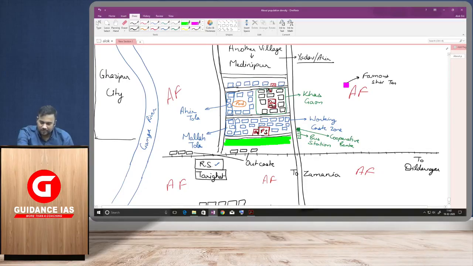Shiv temple. See, normally temples don't lose significance unless a bigger temple is constructed. The special part which was earlier the Shiv Mandir has mainly lost its significance because a new Shiv Mandir has emerged. It is a very, very famous Shiv Mandir.